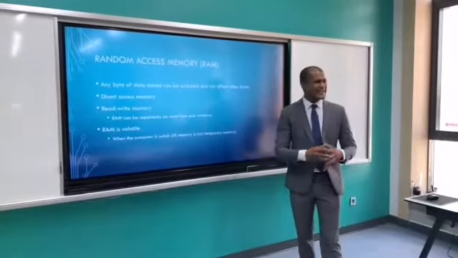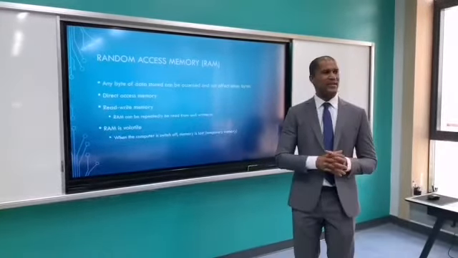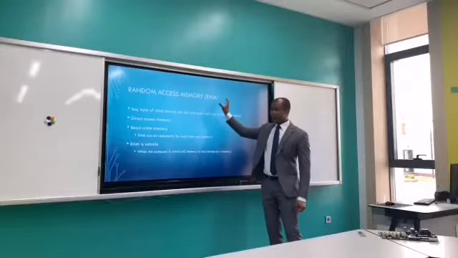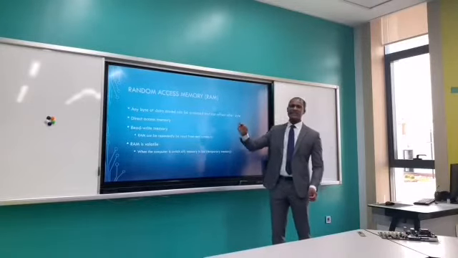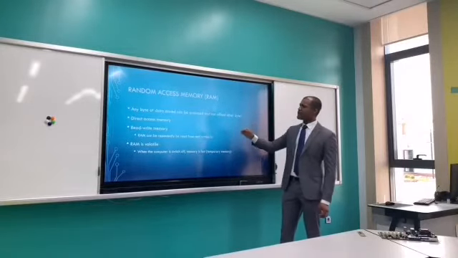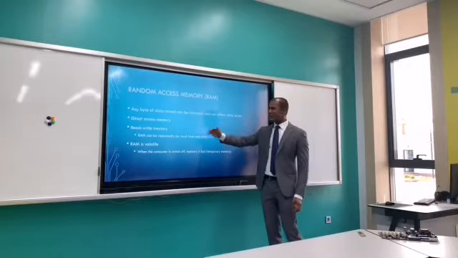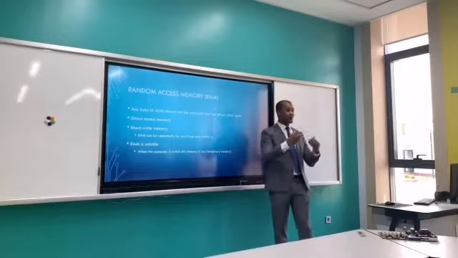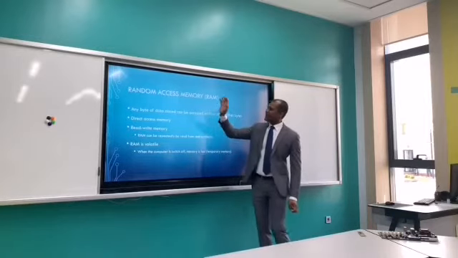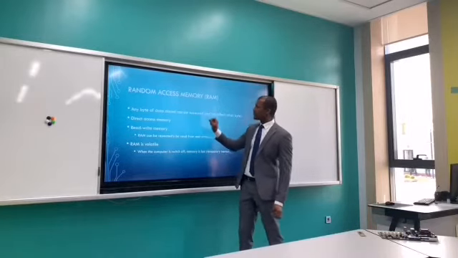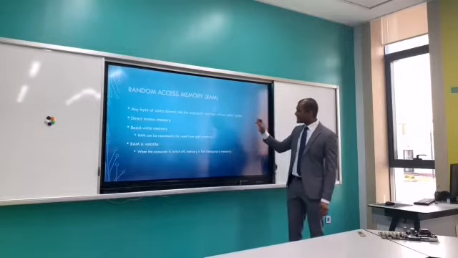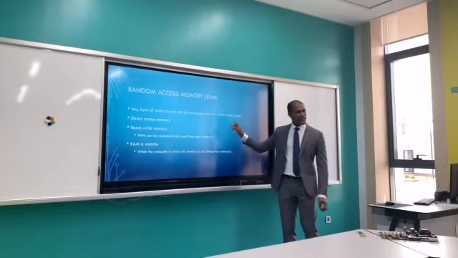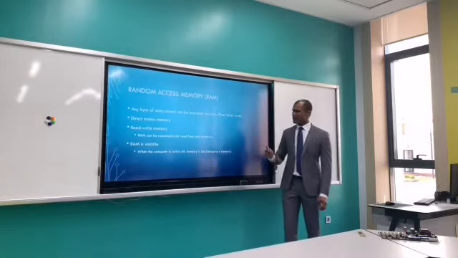Okay, so what is random access memory? RAM for short is a memory component of a computer where information is constantly being written to and read from. Random access memory means any byte of data stored can be accessed without affecting the other bytes on the computer.